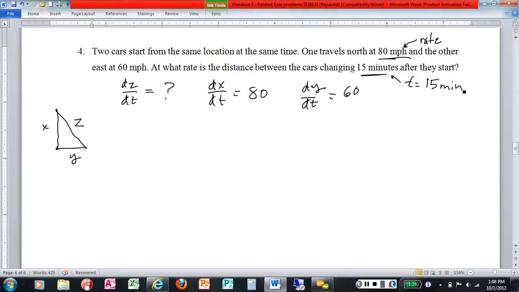So I probably want to change t to hours. Well, 15 minutes is a quarter of an hour, 0.25, or 15 divided by 60. You might have to do that. So be sure the rates match up with the time units. If it gives it in minutes, be sure to change it over to hours or vice versa. Okay. All right.